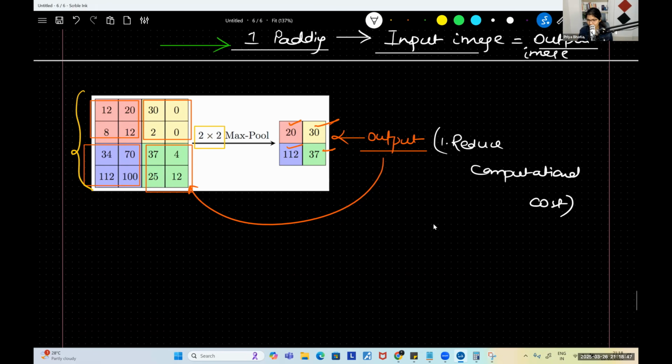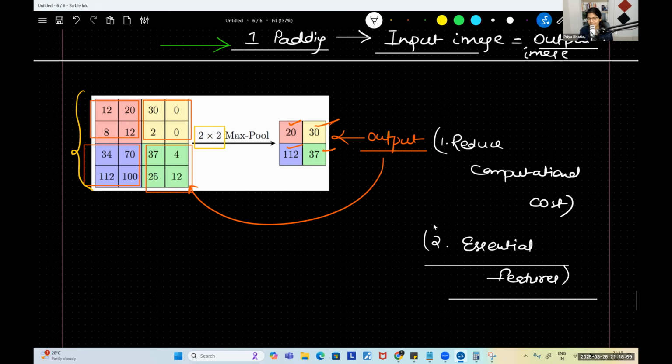The second interesting thing is, I would say, that it really is helpful in terms of storing the essential features. When I say maximum value, it means that whatever important, crucial features we have are already stored, right?